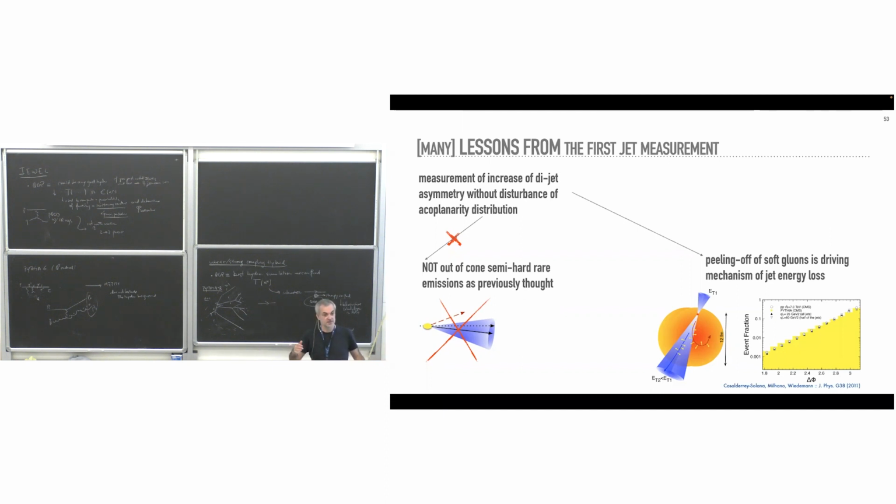So if they started the same, I'll increase the asymmetry, right? Okay. So in part, this picture was responsible for this picture of asymmetry growing because one of the pair loses none or much less energy than the other. Okay, that has to be true. But there's another problem with this picture.